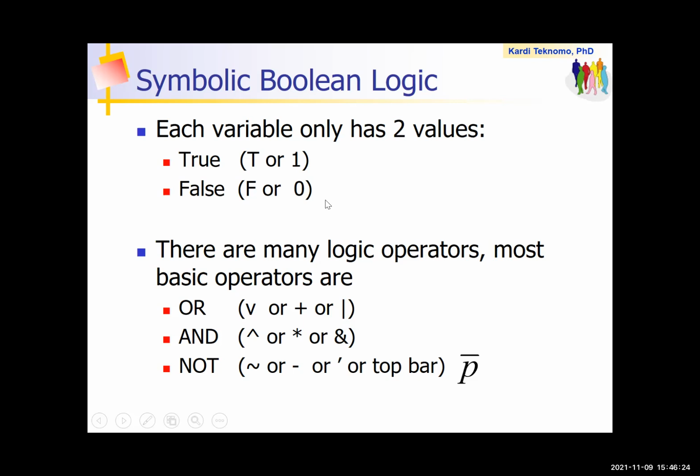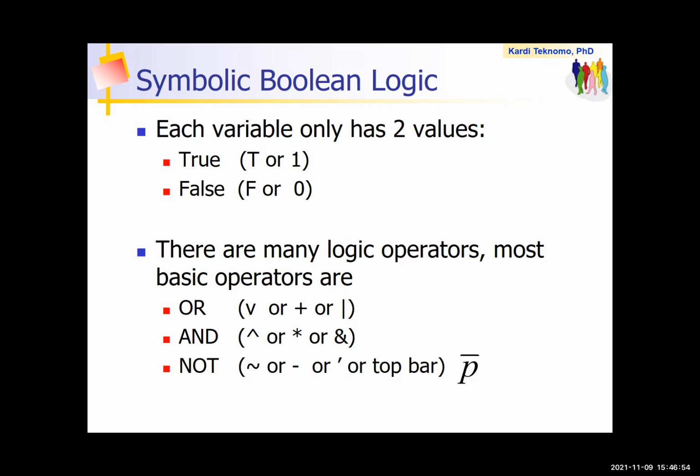There are many logic operators, but the most important ones for you are just 3: or, and, not. Look at the symbols I put there. For or I use V, but this time we can use plus, or a bar. You can use any of them.